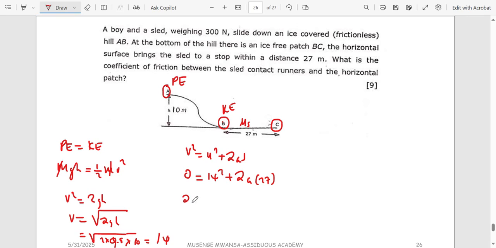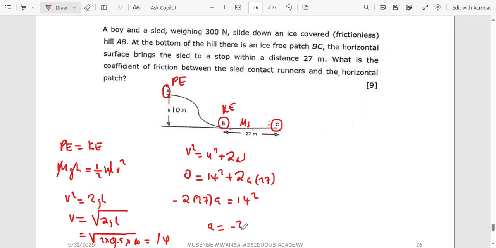And that is going to be 2 by 27, and then by a it will actually become negative, and that will be equal to 14 squared. So to remain with a, we'll divide both sides by negative 2 times 27. So therefore the acceleration is going to give us, let me just punch that again, 14 squared divided by negative 2 by 27.